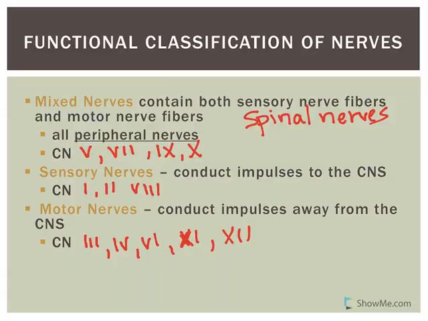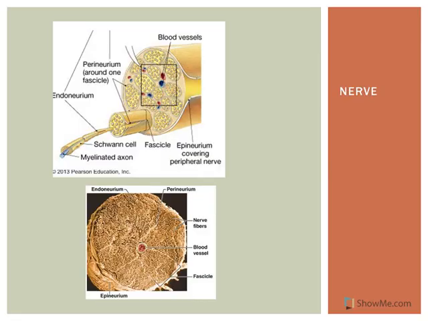Now for the mixed nerves, I'm going to show you the structure of nerves in general. Nerves have connective tissue wrappers that surround them. This picture represents an entire nerve. The entire nerve is surrounded by a wrapper called the epineurium.